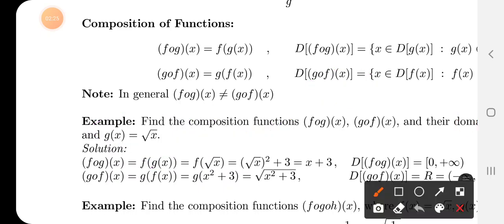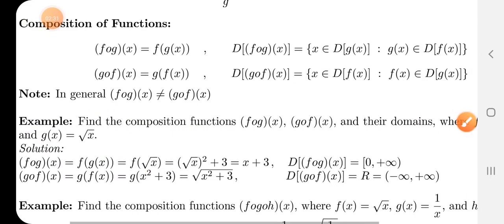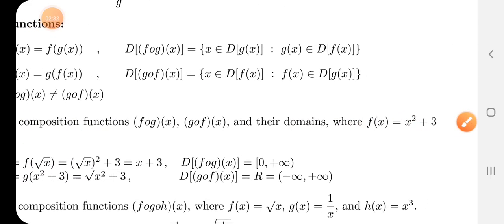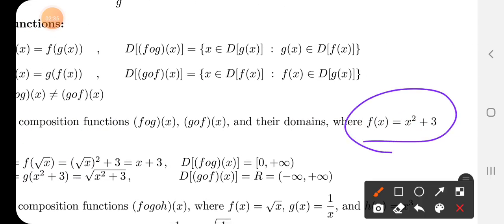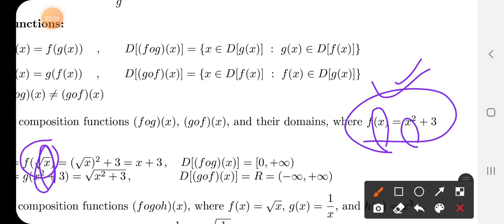Now we will get f of this thing. F of x, remember, it's given, and that was x squared plus 3. But here you have to find f of square root of x. Instead of x you have this square root of x. So on the right hand side of this function f, you will replace your x with that thing which is here.